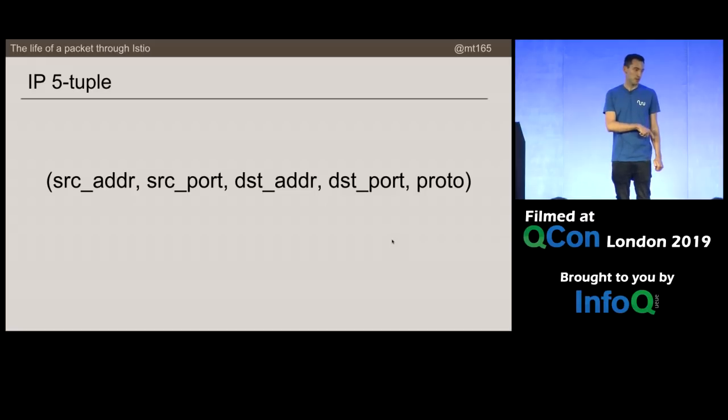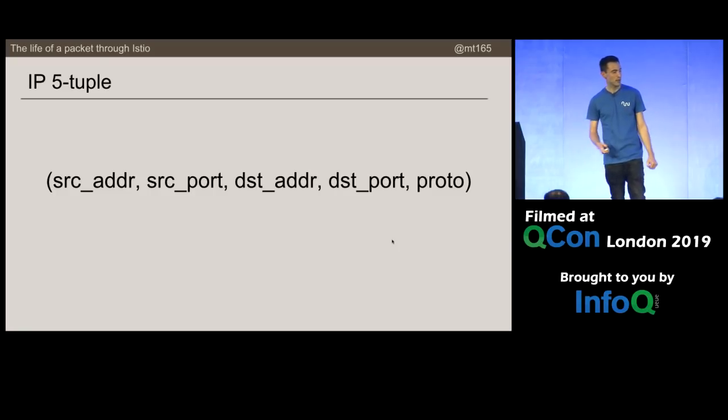They are the source address and the source port, and the destination address and the destination port, and the protocol, that being UDP, TCP, that kind of IP protocol. So with these 5, you can identify any TCP stream, any UDP connection between endpoints.